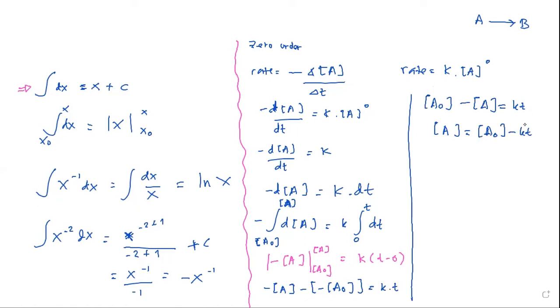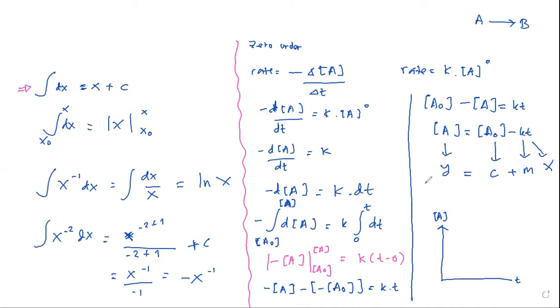If we want to form a graph, we can assume this as y, and this is c, and k is the slope, which is m, and this is x. The slope is negative k. Now I'd like to draw the graph between the concentration of A and time.